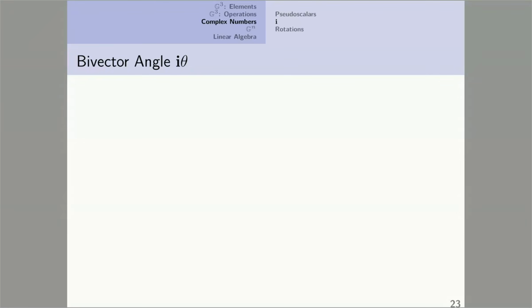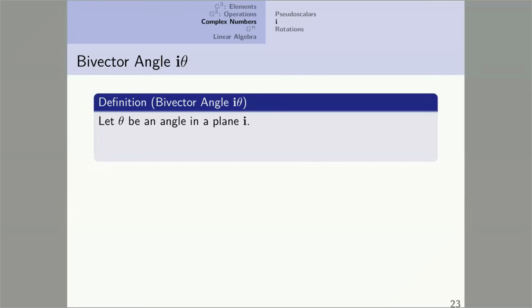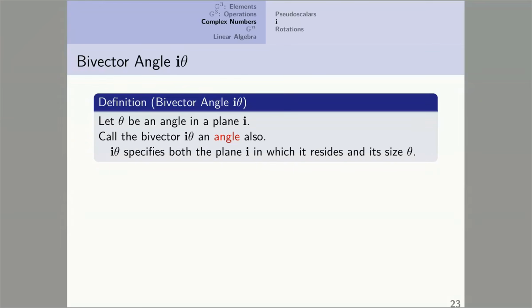Here's the definition. Start with an angle theta in a plane I. Call the bivector I theta an angle also. I theta specifies both the plane I in which it resides and its size, theta.